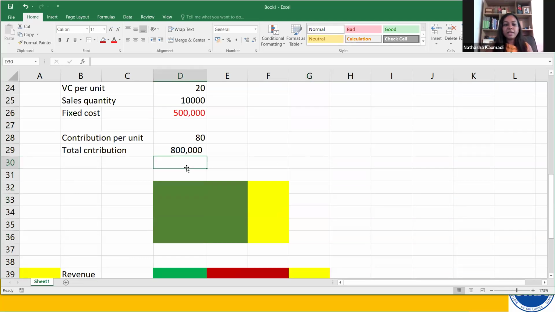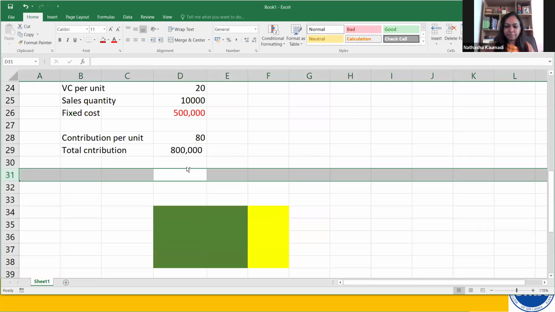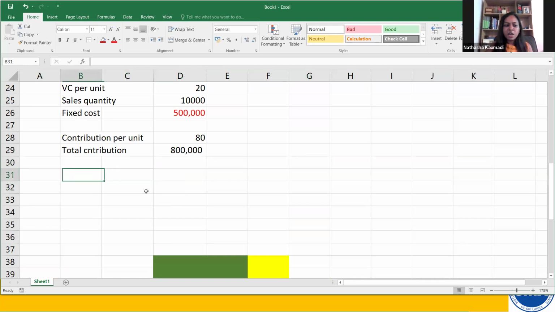So how can we calculate the profit then? What is the normal formula for profits? How can we calculate profit of an organization? Total revenue minus total cost.